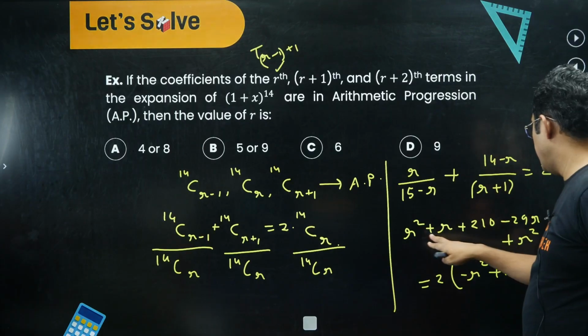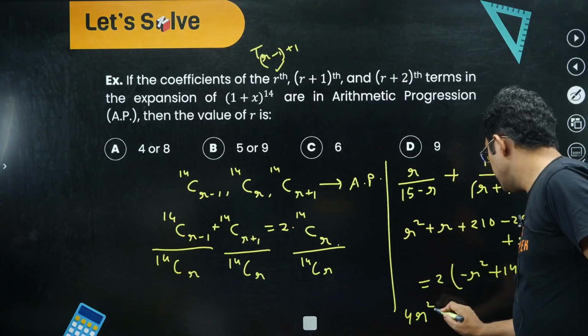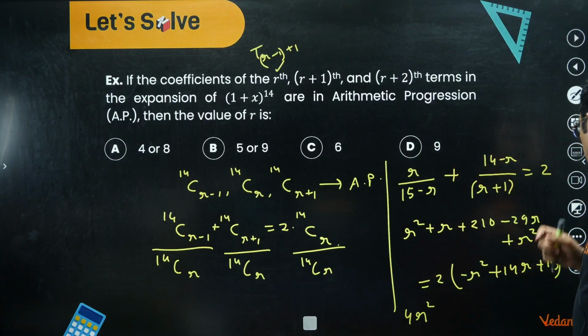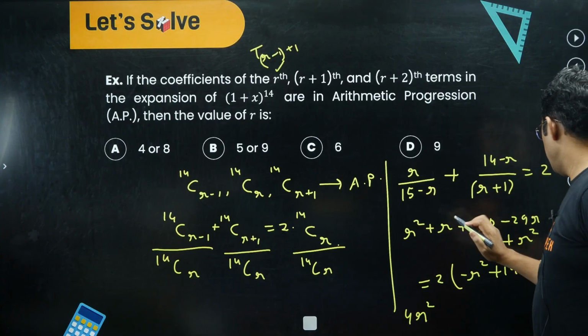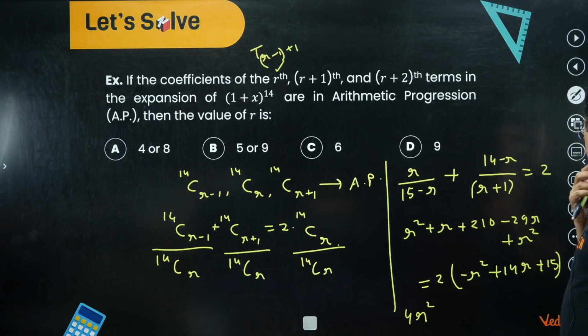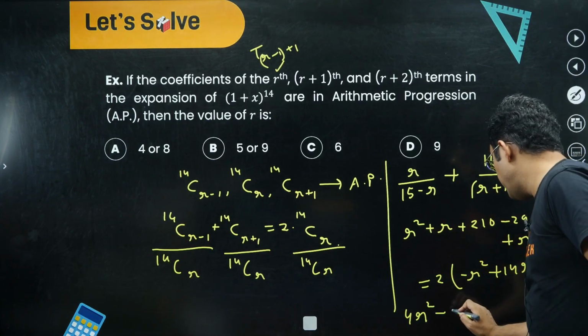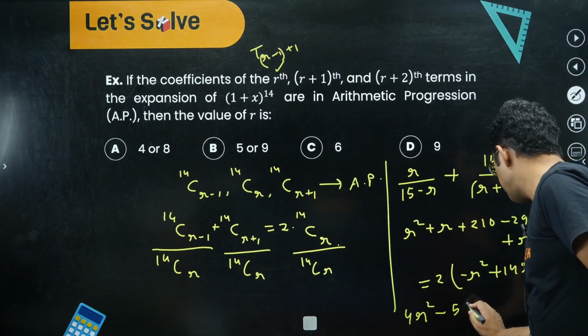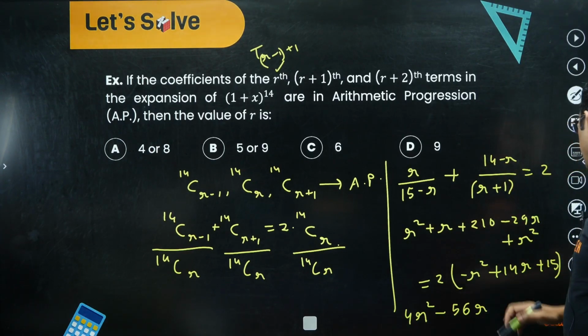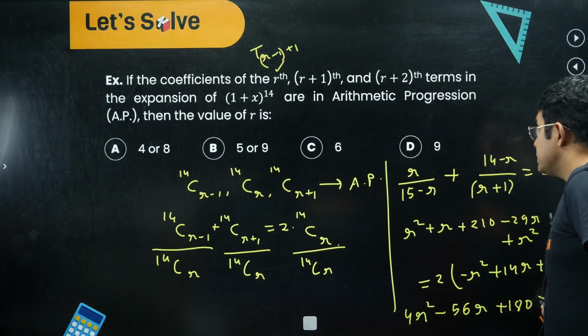The final thing we are getting is 4r square, and for the constant term, minus 28. So it will be 4r square minus 56r plus 180 equal to 0.